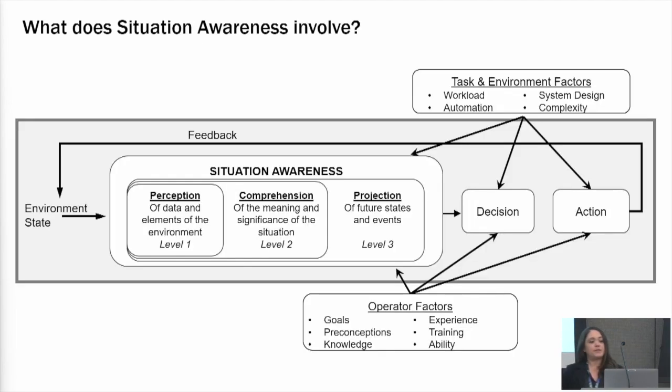And so we have our three basic levels or stages of situation awareness, but we have all of the factors that impact our situation awareness. So we have things that we have talked about earlier today, things like mental models and schemas, how we can expect situations to play out based on our experiences. We have things that are specific to people and their backgrounds and their training and their abilities and their skill sets and the jobs that they're performing.